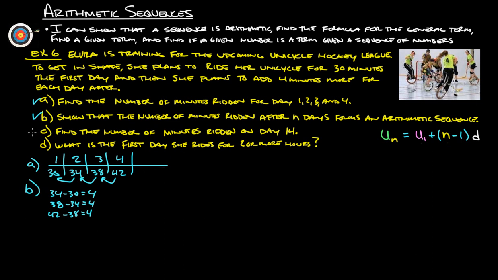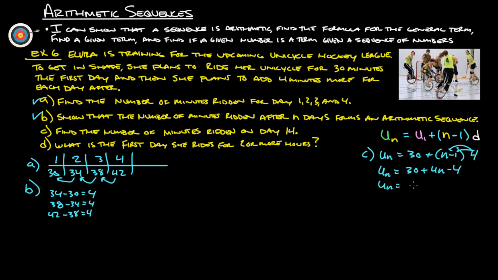Part C, find the number of minutes ridden on day 14. So let's fill out our formula. U sub n is going to be the first term, which we know is 30, plus n minus 1 times the difference, which we found is 4. Now we just simplify this. U sub n equals 30 plus, distributing the 4, 4n minus 4.